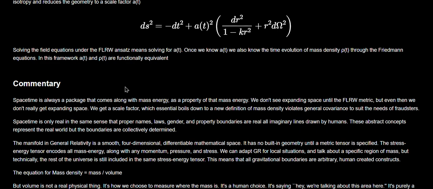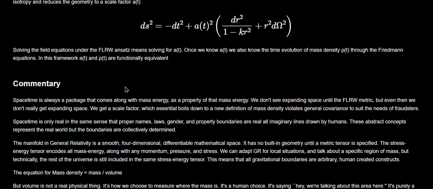We don't see expanding space until the FLRW nonsense, okay? The Einstein field equations and the Einstein universe don't have expanding space. Expanding space is not a part of general relativity.